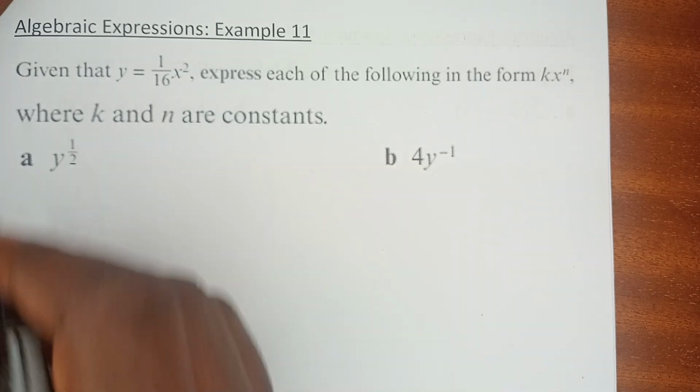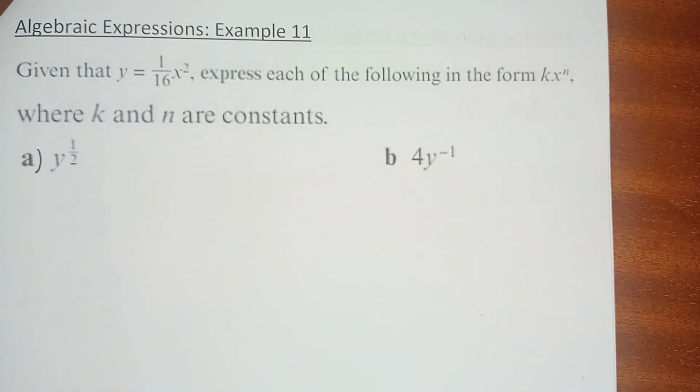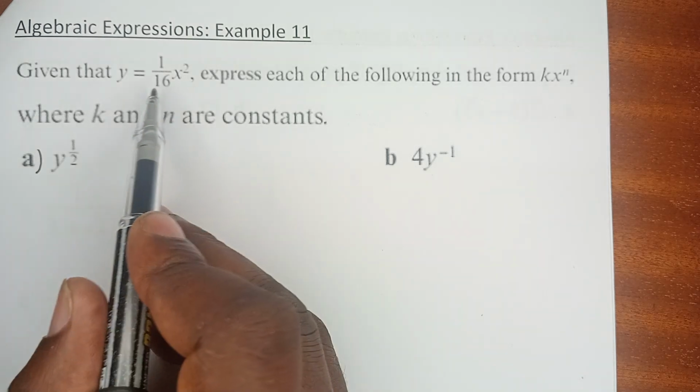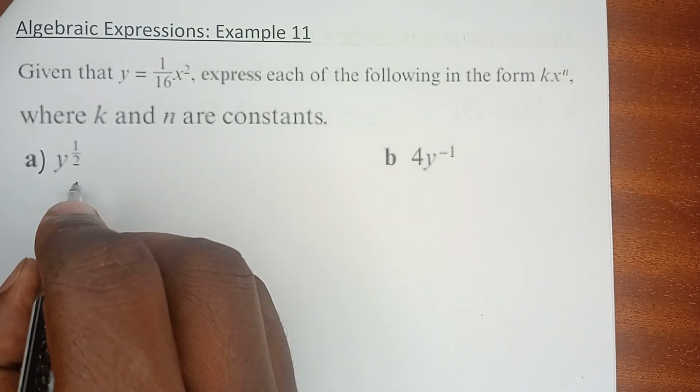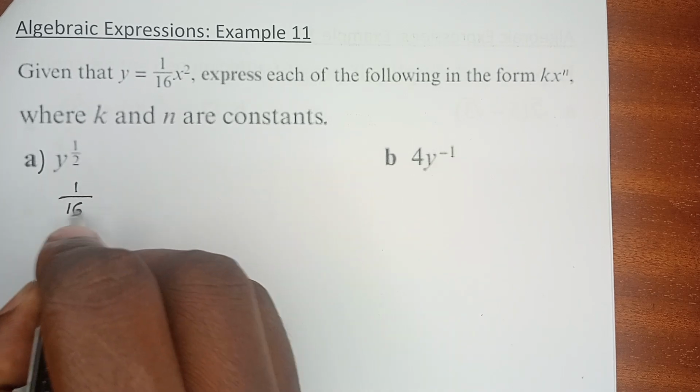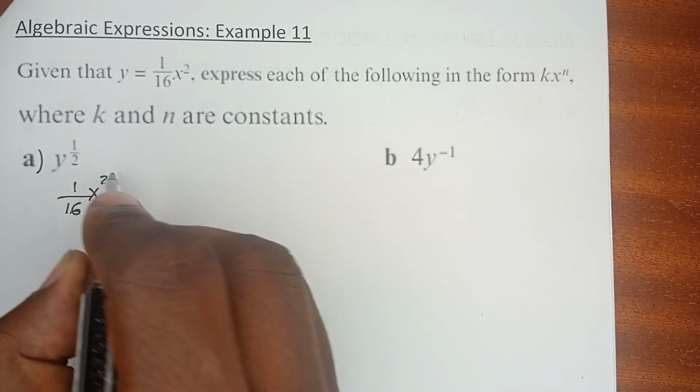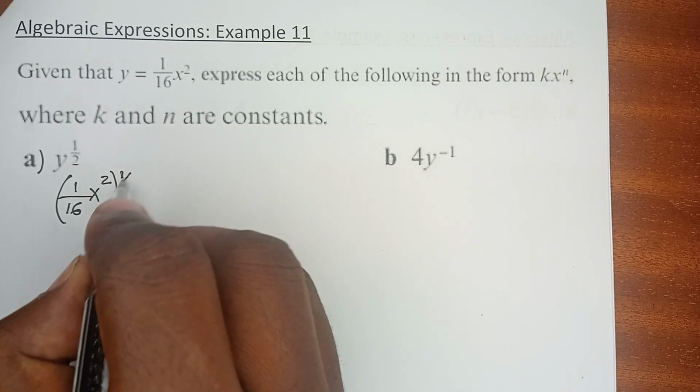So part A is requesting us to talk about y raised to power a half. And because y is the whole of this, we are simply saying 1 over 16 x squared raised to power a half.